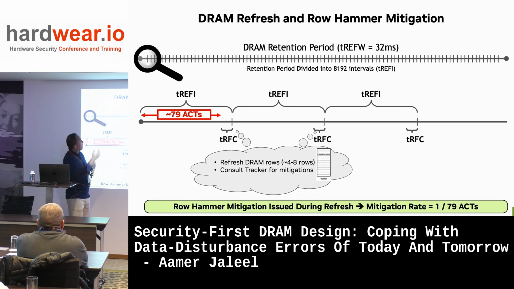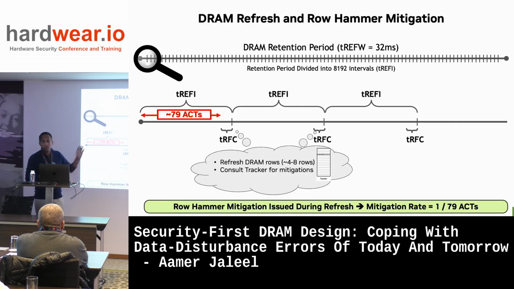Okay, so let's go back to how refresh works, right? The way that mitigation refresh works is that at the end of your TRFC window, you're choosing an entry from your tracker and mitigating it. So your mitigation rate is once every however many activations are possible in your TREF-E window.